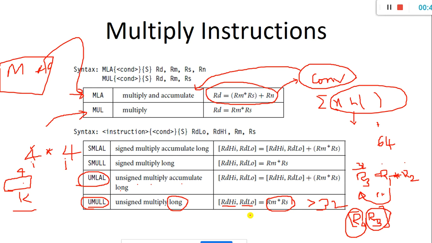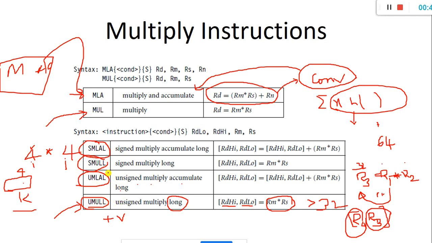So I take the help of another register to store the higher bits of data. That can be done using UMAL. Unsigned stands for positive, signed stands for numbers with negative values.